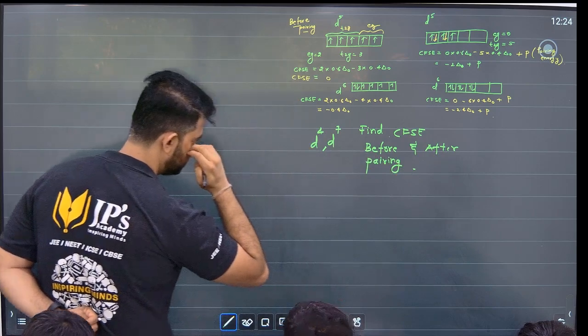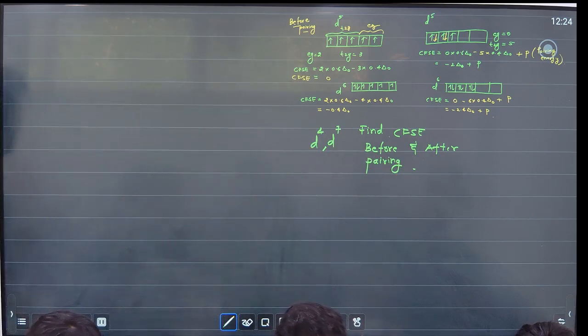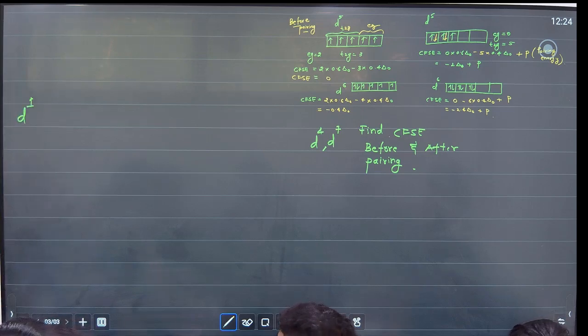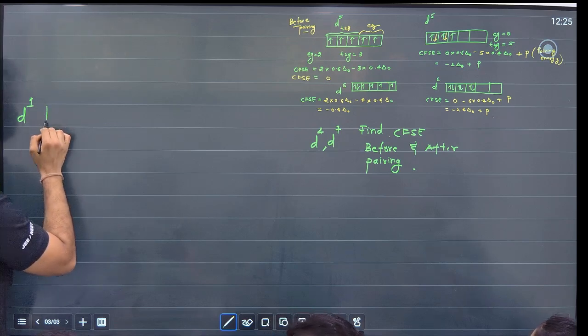Now, if I give you D1, what will the CFSE be before pairing and after pairing? Will it be same? Yeah, different. So it's just D1.